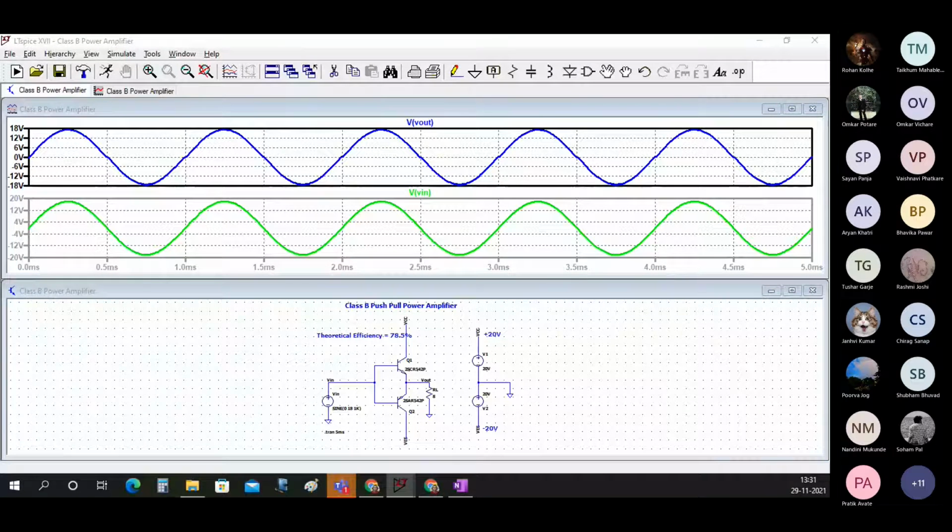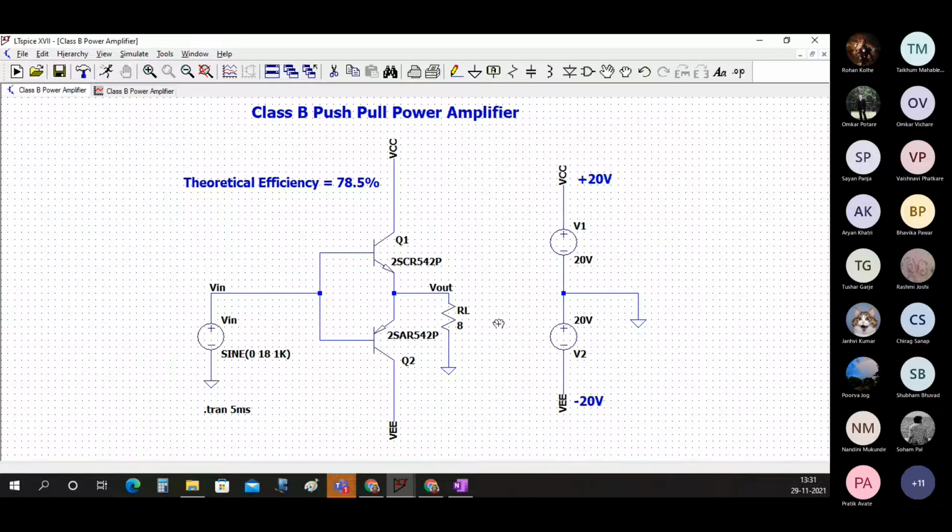Okay. What happened, Rohan? Rohan changed that power supply. See here, one has to be positive, other one has to be negative, and the common terminal between them is ground. So this is also the way to make a dual power supply.